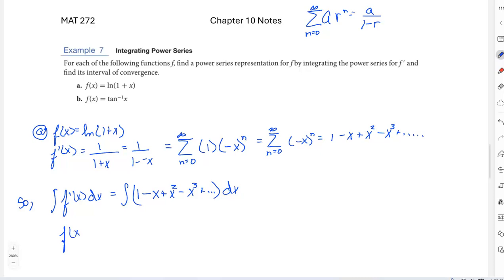When I integrate the derivative, I get f of x, and this is going to be x minus x squared over 2 plus x cubed over 3 minus x to the 4th over 4.